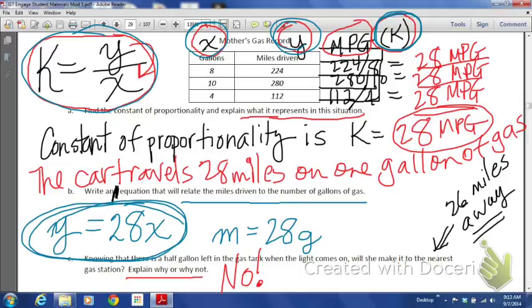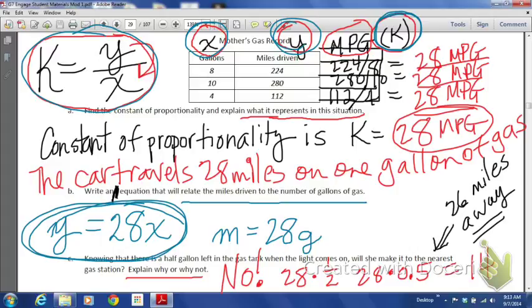If she has half a gallon, we multiply 28 times 1 over 2, or 28 times 0.5, to represent our half a gallon, which equals 14.